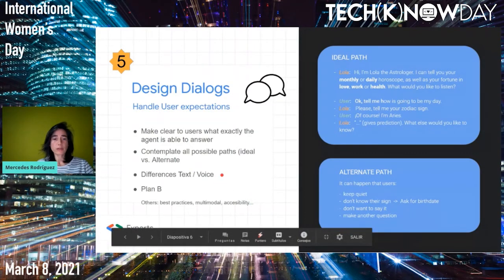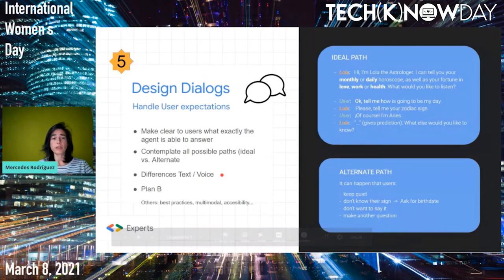Also, it's very important to take into account the difference between text and voice. We do not talk the same as we write. So having these differences in mind is essential in order for the agent to understand the user and answer properly. For example, many companies develop text chatbots at the beginning, and then they decide to adapt that to voice, and they just use the same agent and integrate it in different platforms, and then they realize that it wasn't working.